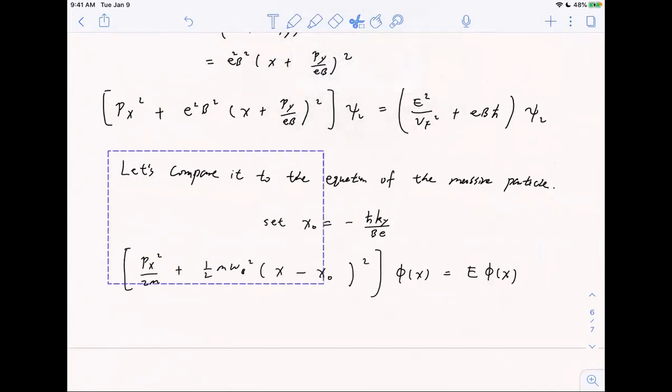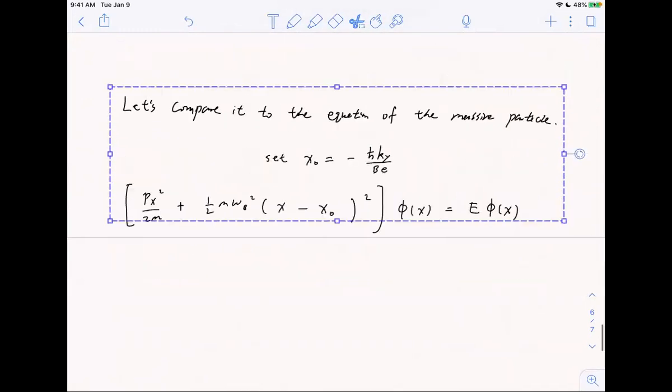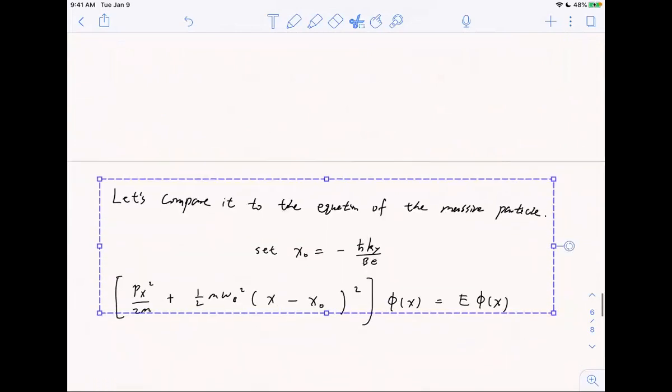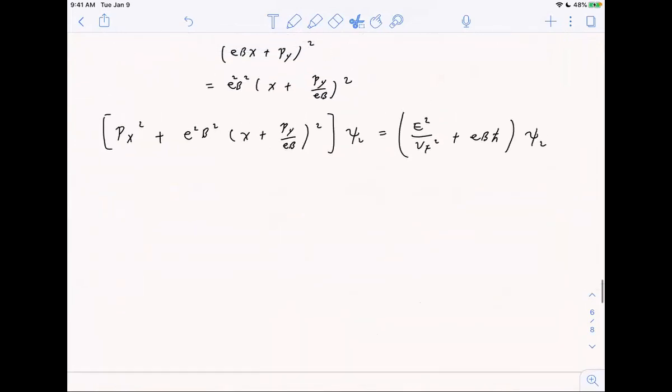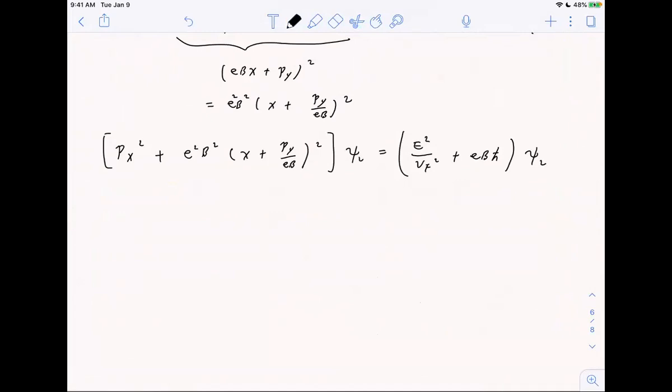By the way, here you can already set, because here you have the p_y that commutes with this, so you can try phi 2 with e^{i k_y y}, and you can try this.